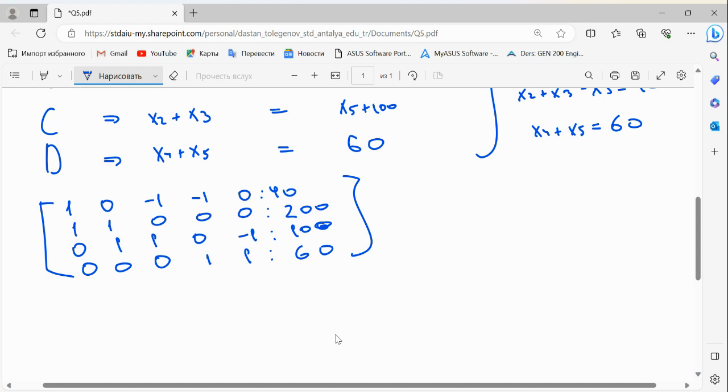Let's do row operations. R2 is R2 minus R1. Okay, 1, 0, 0, 1, 1, 1, 0, 160.